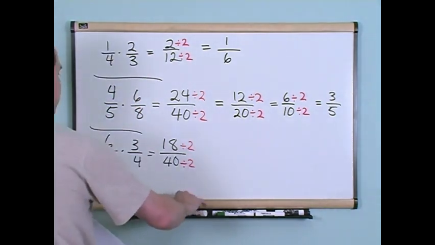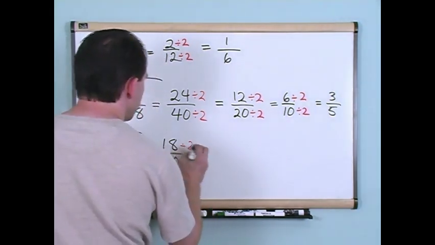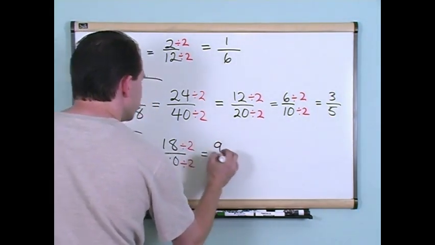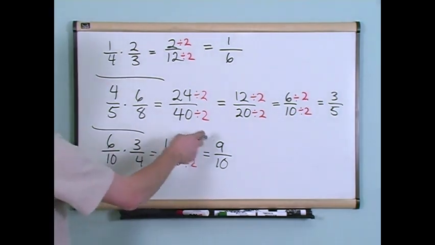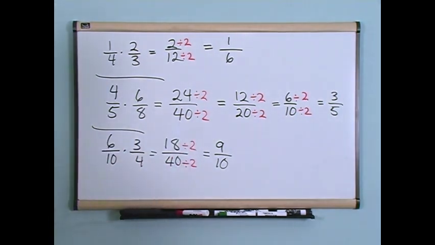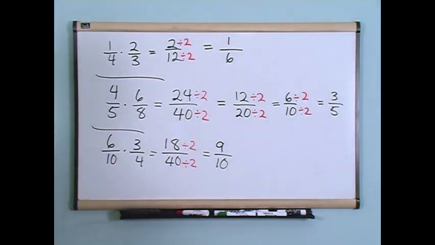Most of the time, you can divide these things by 2 a lot of times anyway. So 18 divided by 2 is going to give me 9. And finally, 40 divided by 2 is going to give you 10. And you can't simplify 9/10 anymore. You just can't do anything more with that, so you're done at this point.